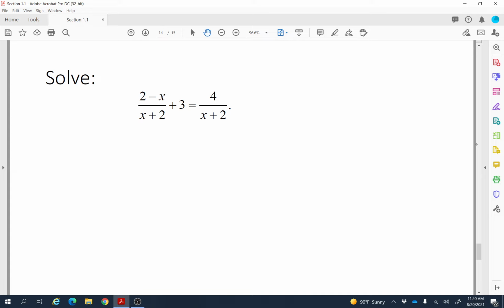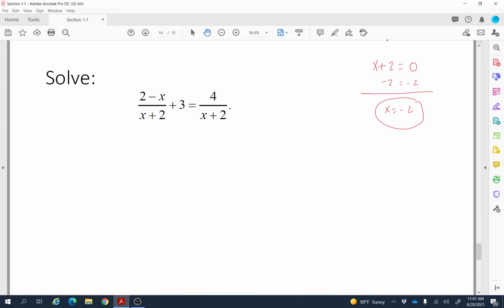Before solving the equation, we need to find out for what value of x the denominator expression would be 0, and we are just lucky that we have the same denominator here, x plus 2, x plus 2. So for what value of x does x plus 2 become 0? If x is negative 2, then the denominator in this rational equation would be 0.